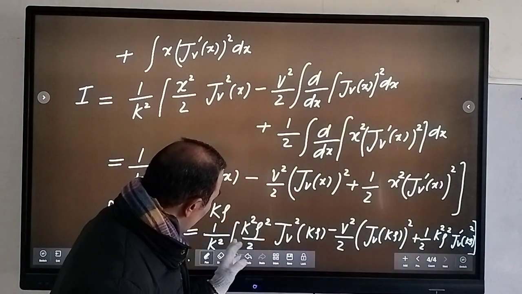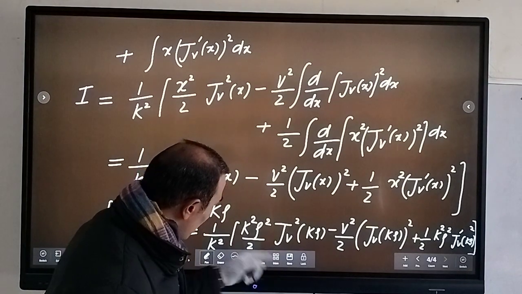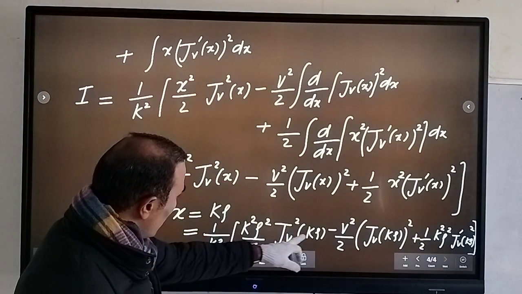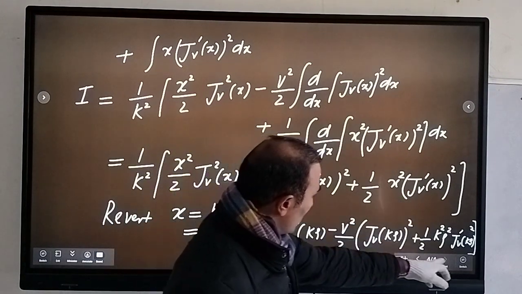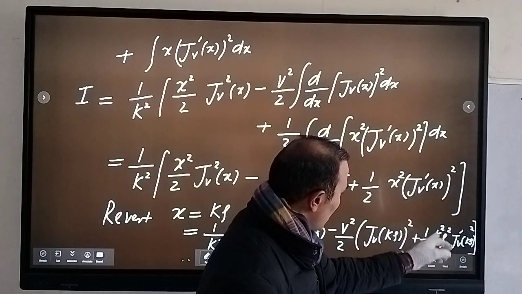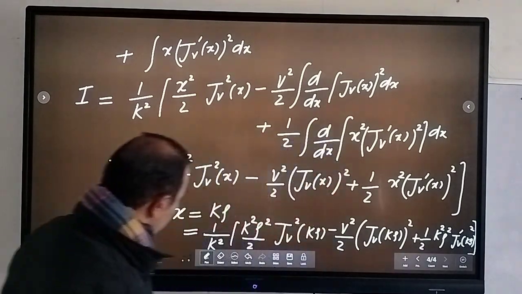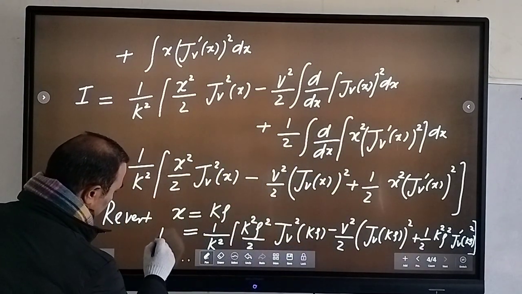So यहाँ पे मैंने क्या किया? I simply reverted that value x equal to k rho in this equation. Okay. So that means this will be x equal to k rho, here k rho, then k rho here and k rho here, because this is x square, that's k square rho square, Jv dash of k rho whole square, right? Okay. So this is all of it.